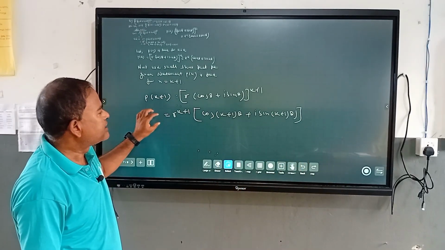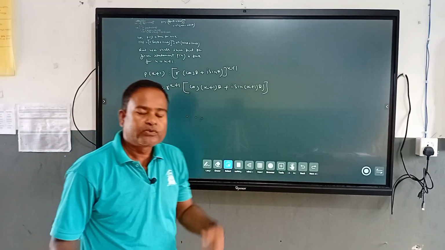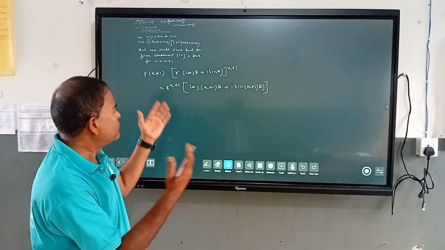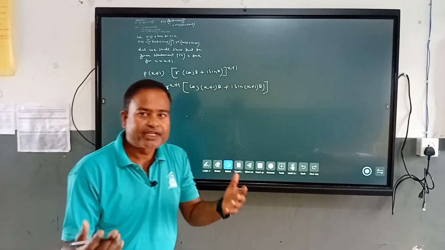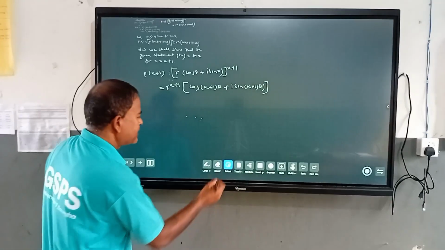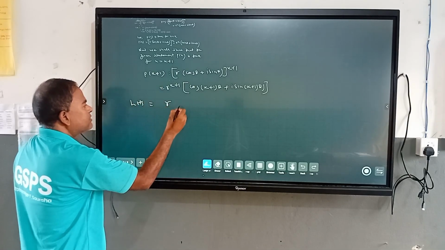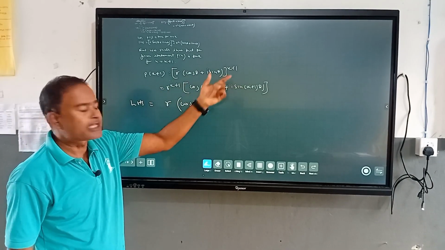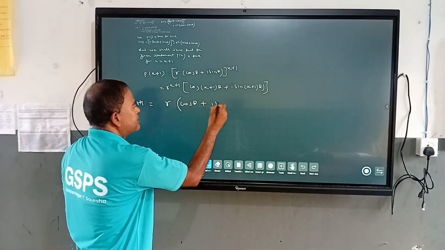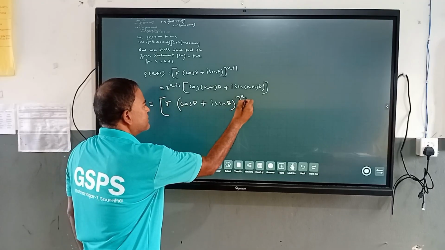We are going to show that the given statement is true for n equals k plus 1. So we shall prove that LHS equals RHS. Let's take LHS. LHS equals (r(cos theta + i sin theta)) whole power k plus 1.